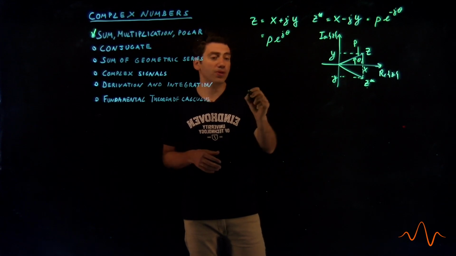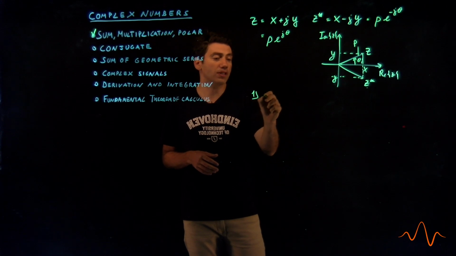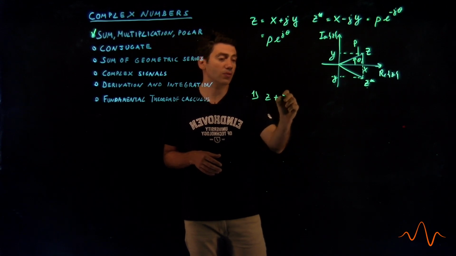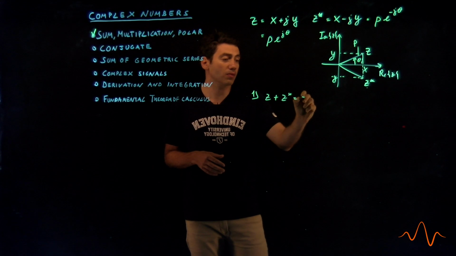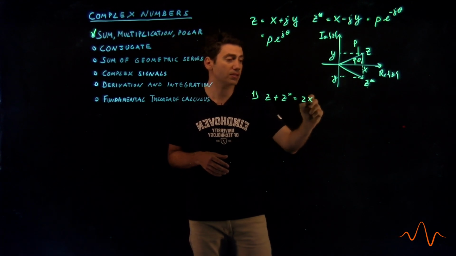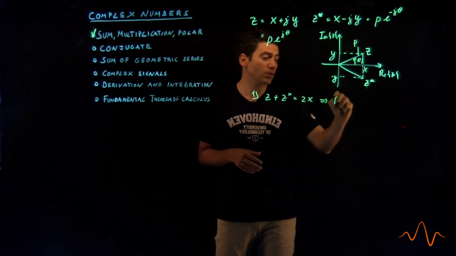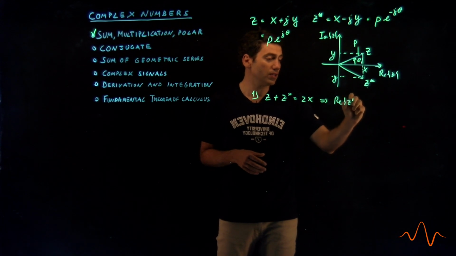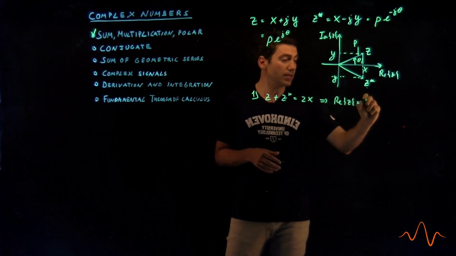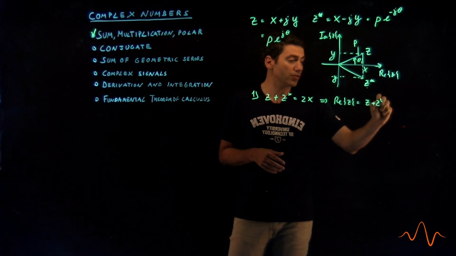So there are a few properties around this. The first one is that if we add z to its complex conjugate, we get 2 times the real part, x. And that implies that the real part of z is nothing more than z plus z conjugate over 2.